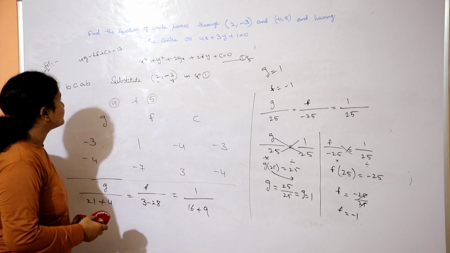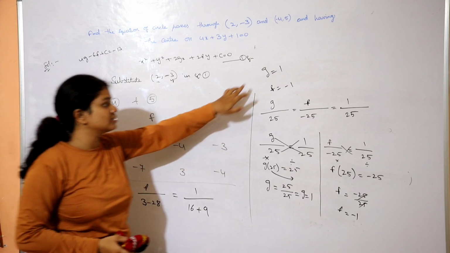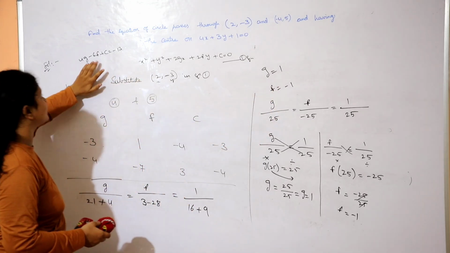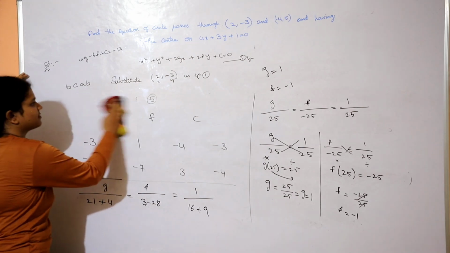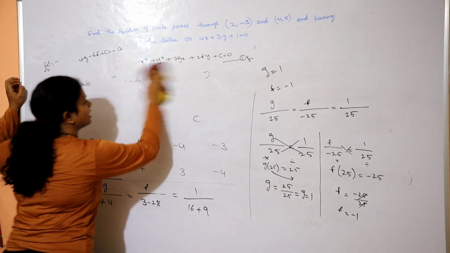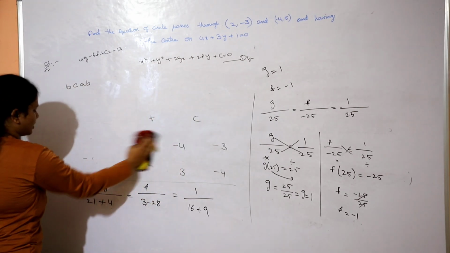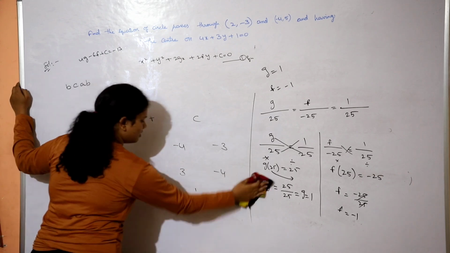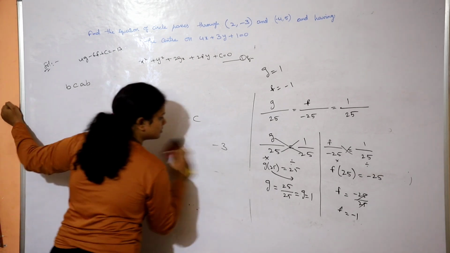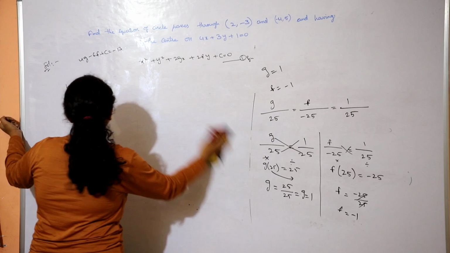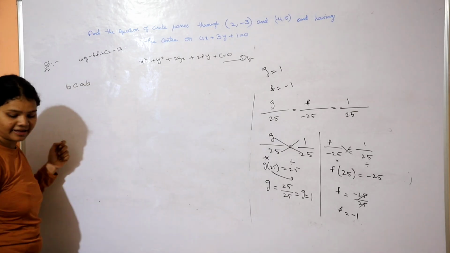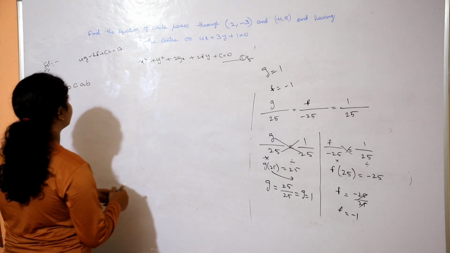Now what you do is substitute g as 1 and f as minus 1 in the second equation. So we have a second equation. Substitute the g and f values in the second equation. I got g value as 1 and f value as minus 1.